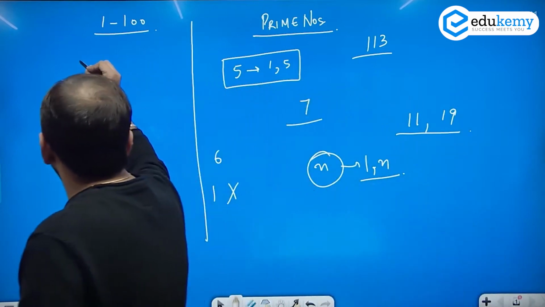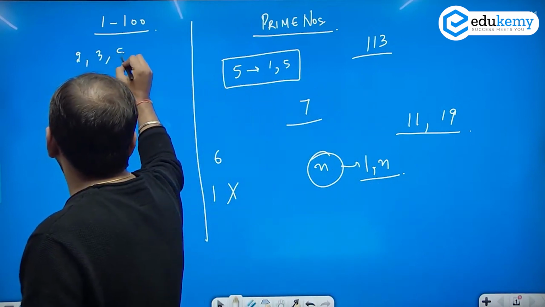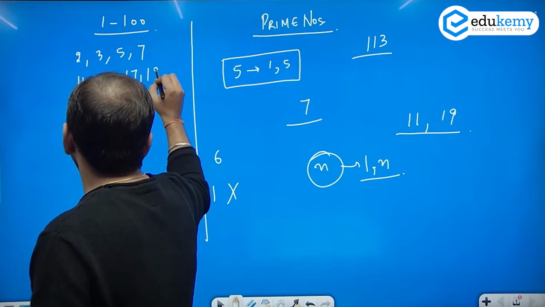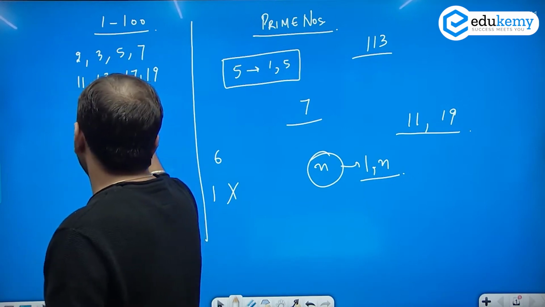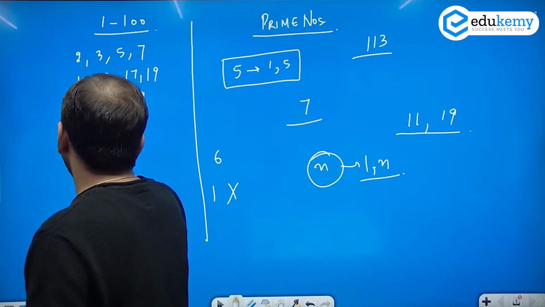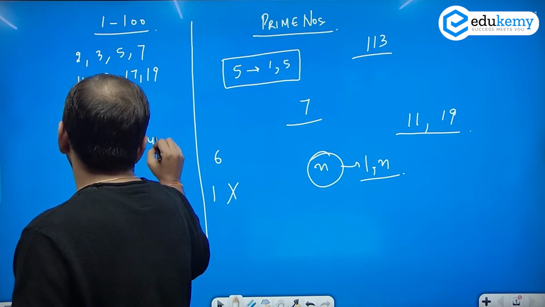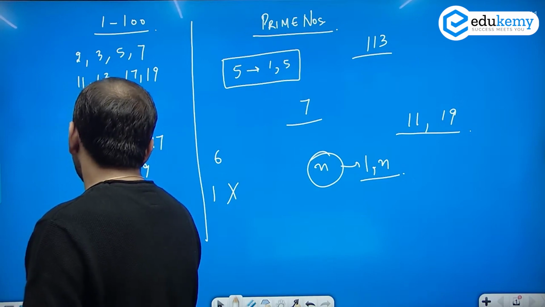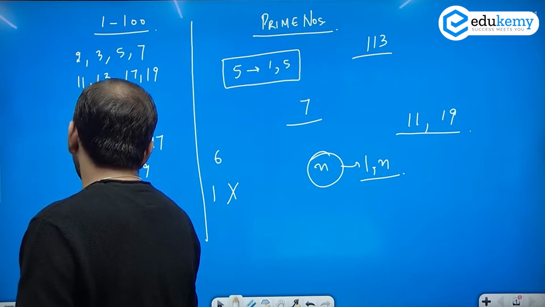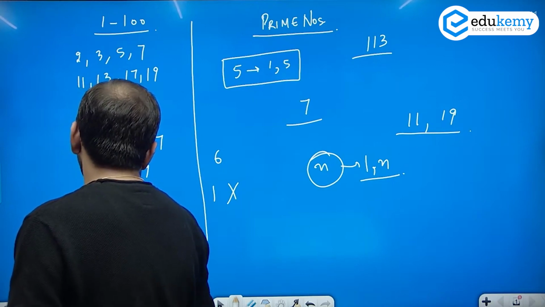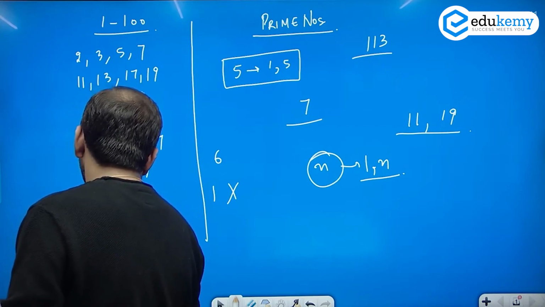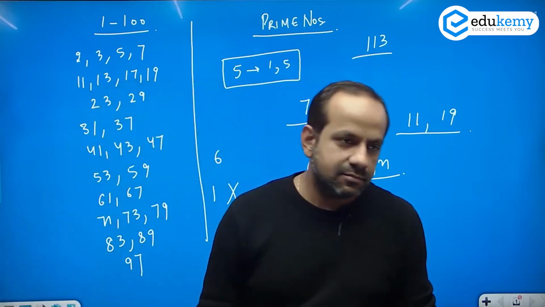So they will be 2, 3, 5, 7, 11, 13, 17, 19, 23, 29, 31, 37, 41, 43, 47, 53, 59, 61, 67, 71, 73, 79, 83, 89 and 97. ठीक है.